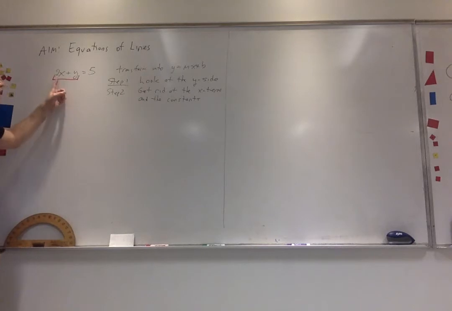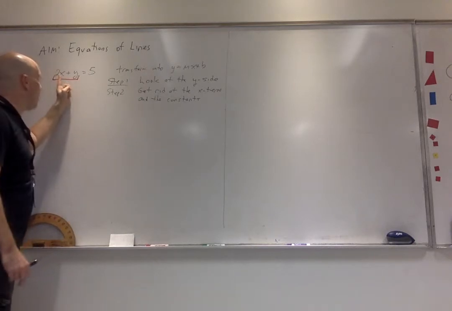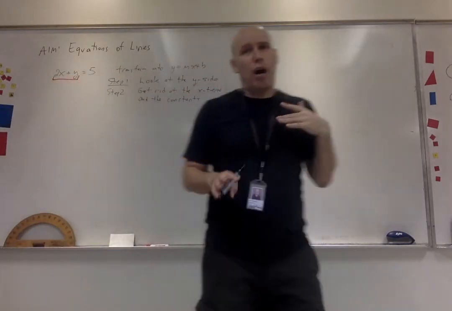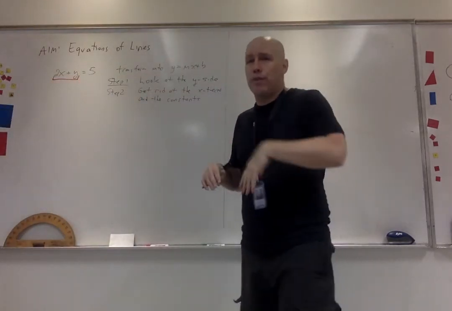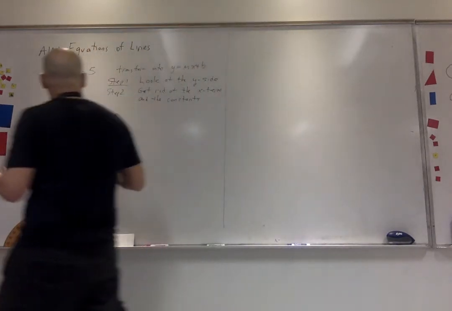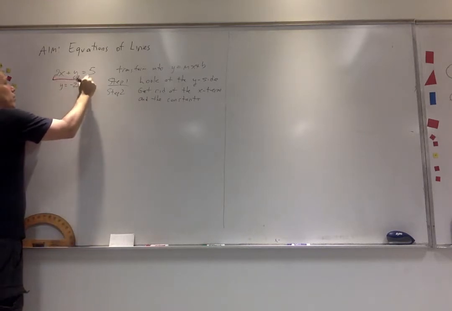So I'm like, okay, how do I get rid of a positive 2x? If you subtract 2x from both sides, or, there's other maths around the world, they say if it's positive on the left, it's negative on the right. That's up to you. So we write this as y equals negative 2x plus 5.